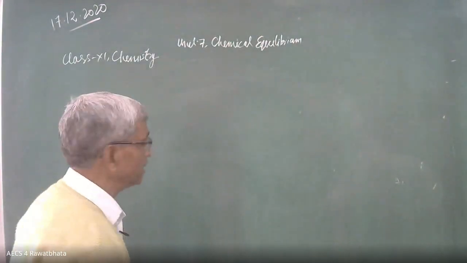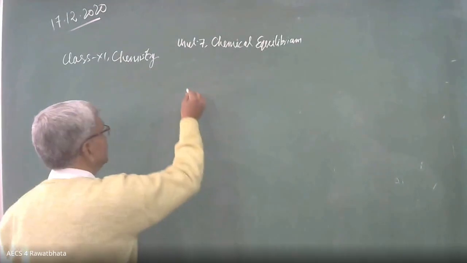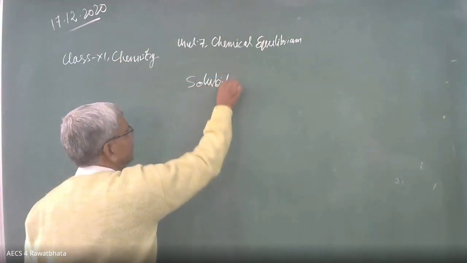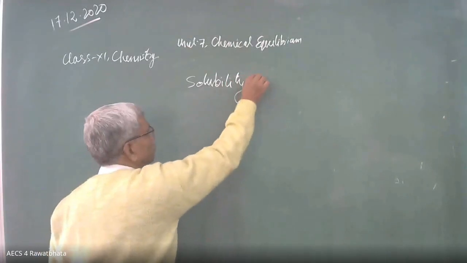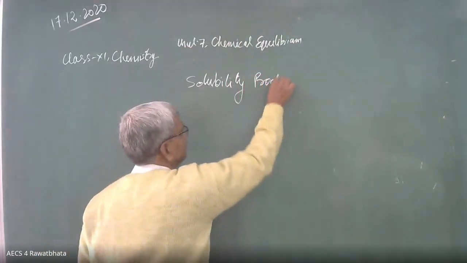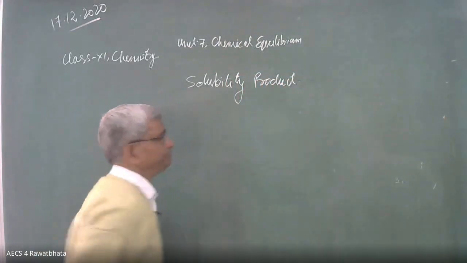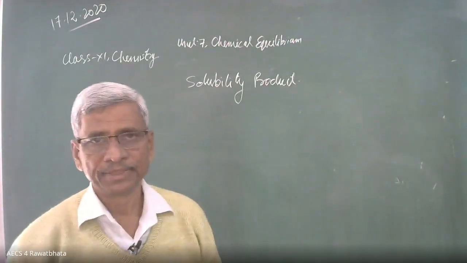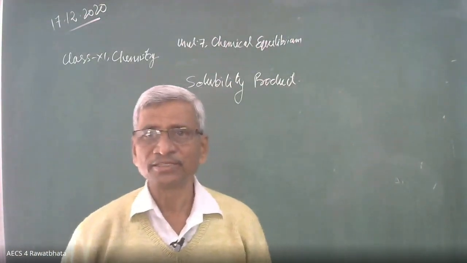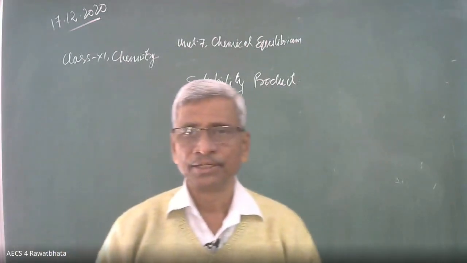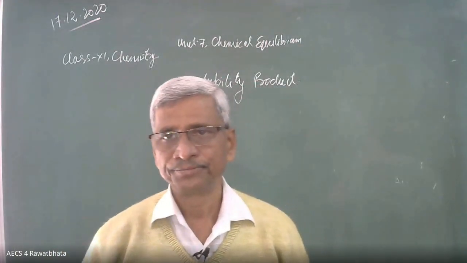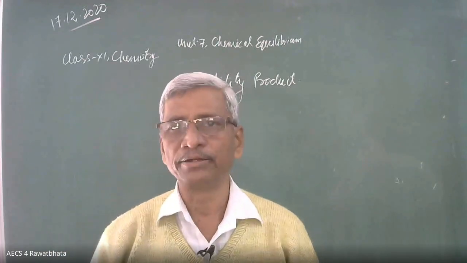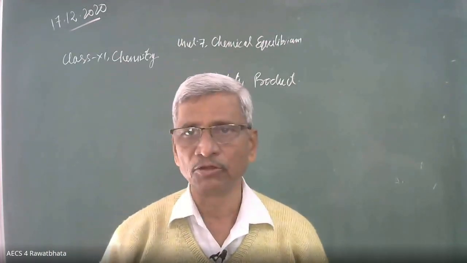So let us take another topic that is also very important: solubility product. Before going to that topic, let me explain what I mean by solubility. Some salts are highly soluble; we say this compound is soluble in water or in a particular solvent.